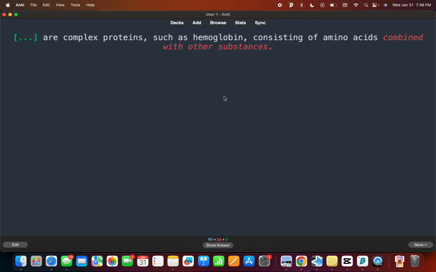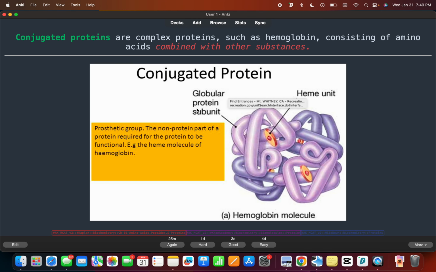What are complex proteins such as hemoglobin consisting of amino acids combined with other substances? Conjugated proteins.